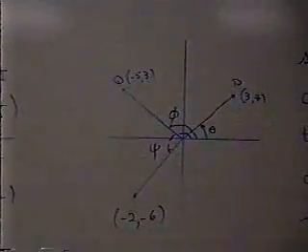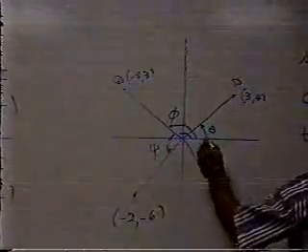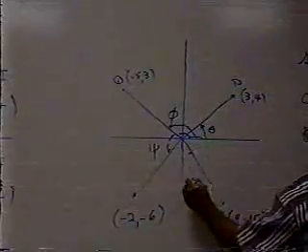The Greek letter psi, pitchfork's what I call it. Okay. And then that point T that we had, which was minus 15, 8, and we're going to call that angle delta, the Greek capital letter delta.